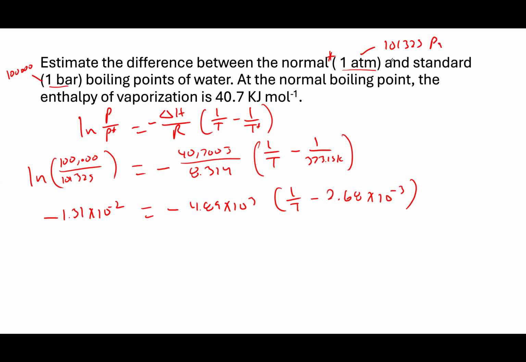Now let's start doing our division stuff. If we divide both sides by negative 4.89 e3, if we do negative 1.31 e negative 2 divided by negative 4.89 e3, we would get 2.68 times 10 to the negative 6 equals 1 over T minus 2.68 times 10 to the negative third.